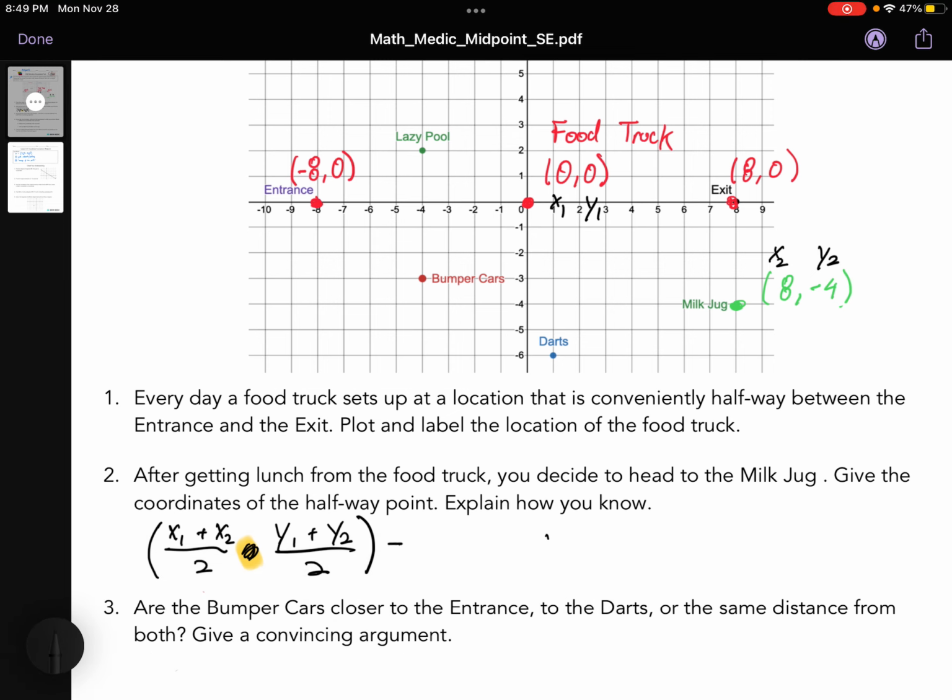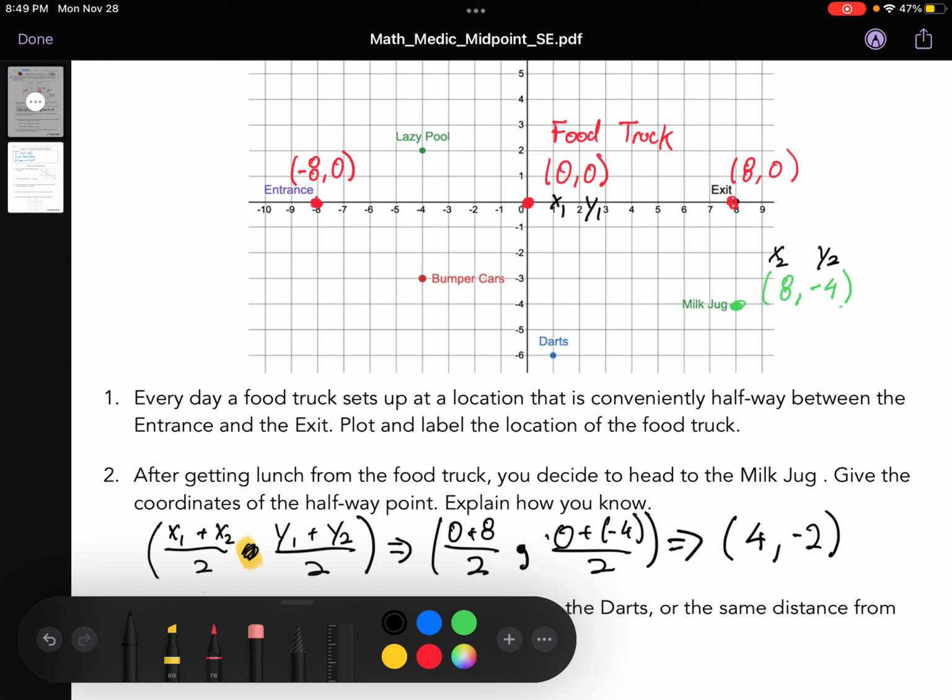So once we plug in the values of the food truck and the milk jug into the equation, we get 0 plus 8 divided by 2, comma, 0 plus -4 divided by 2, which simplifies to 8 divided by 2 is 4, and 0 plus -4 is -4 divided by 2 is -2.